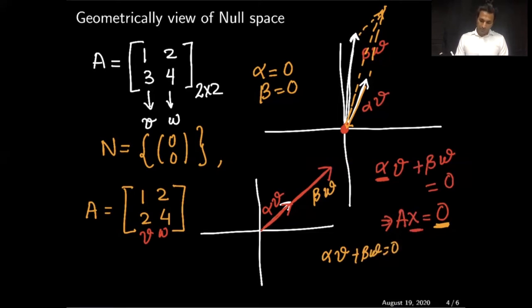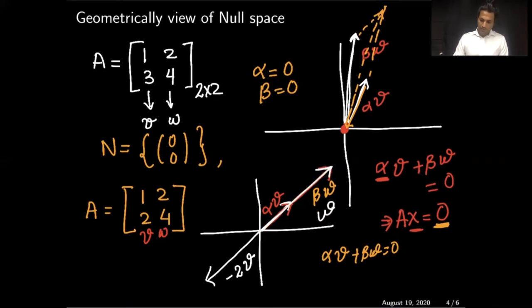One way to do this is to multiply v by alpha equal to -2, so this will be -2v, and I take beta equal to 1, so w is exactly the same length here.